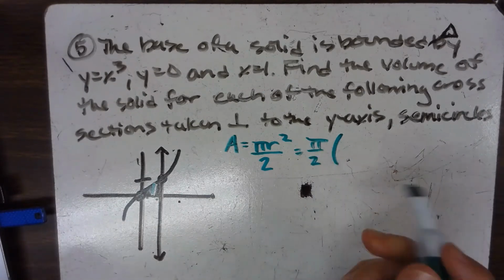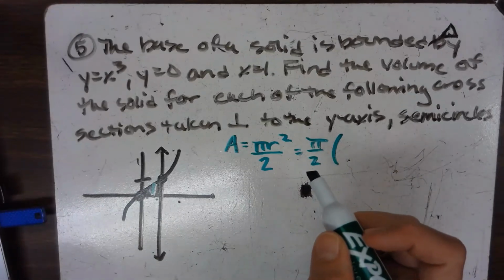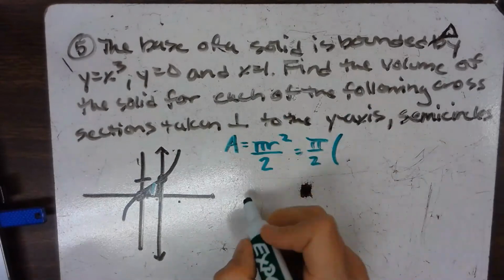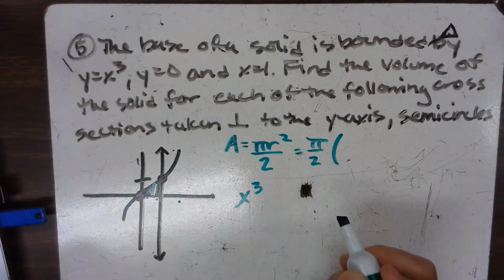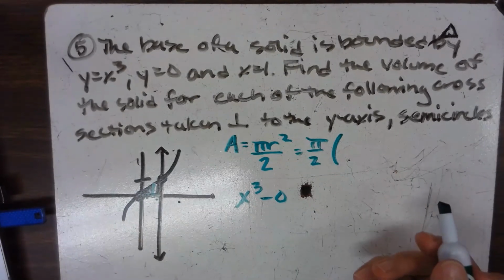So the top minus the bottom would be x cubed minus 0, because that would be 0 right there.